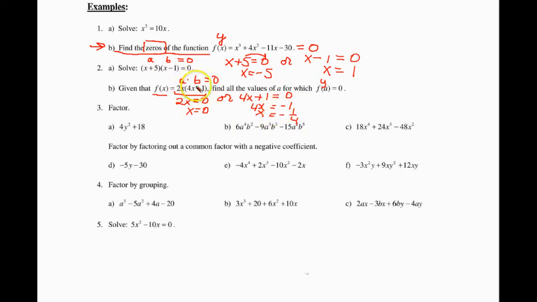This is in factored form, and we use the principle of the zero product. A, B equals 0. This is one factor, this is the other factor. We take each factor and equate it to 0. A equals 0 or B equals 0.